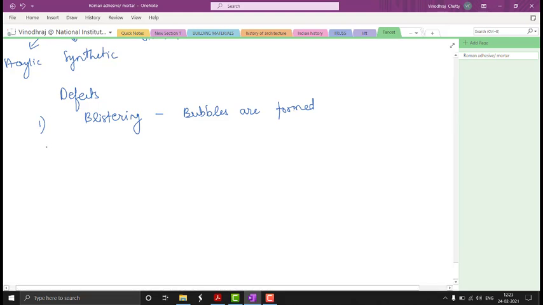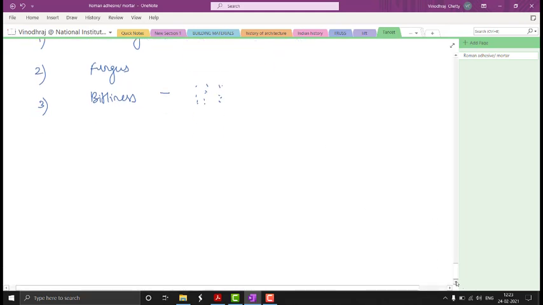Similarly, while painting, the bubbles are formed, and that defect is known as blistering. Then there is fungus. Then there is bittiness. Bittiness is the formation of dots in a paint, right? So there are many dots formed while painting. So that is bittiness. Fourth is bleeding.